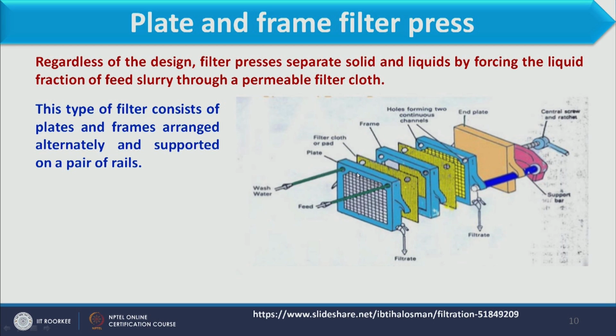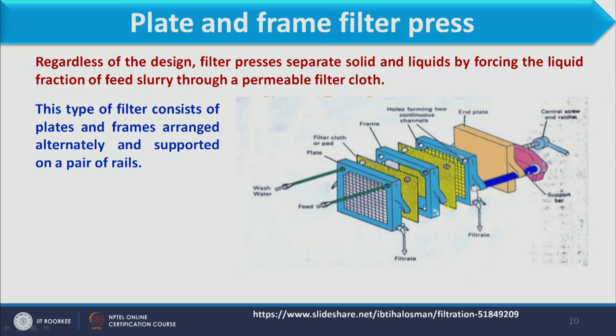In a plate, the complete plate is solid. We can consider it a metal rectangle or metal square, and that we call the plate. However, in a frame only the boundaries are made with the metal. The inner section of the frame is empty, only metal is available at its periphery.